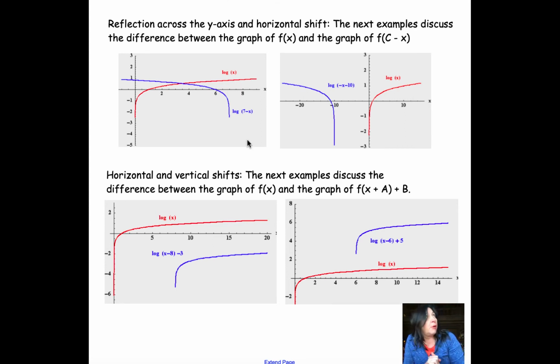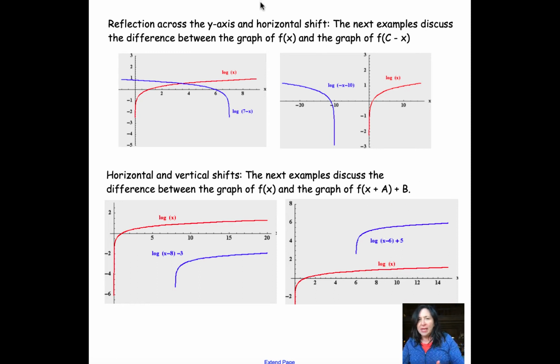So with these problems, not only are you reflecting across an axis, but you're also creating a shift. So you're doing 2 things at the same time. Additionally, you can also have a horizontal shift where you're going left and right, and you're also moving the graph up. See how you have this x plus a, that's moving your graph left and right.